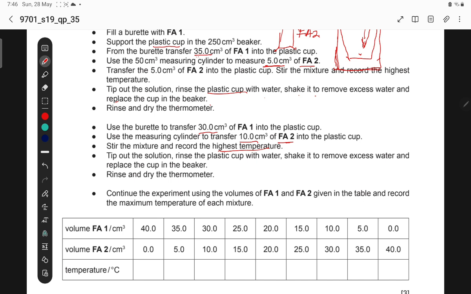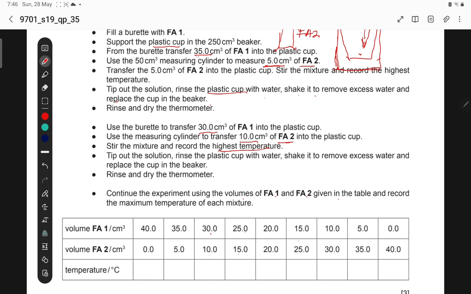Rinse and dry the thermometer. Continue the experiment using the volumes of FA1 and FA2 again. By applying the same method, you will take 25 centimeter cube of FA1 and then FA2 is 15 centimeter cube.